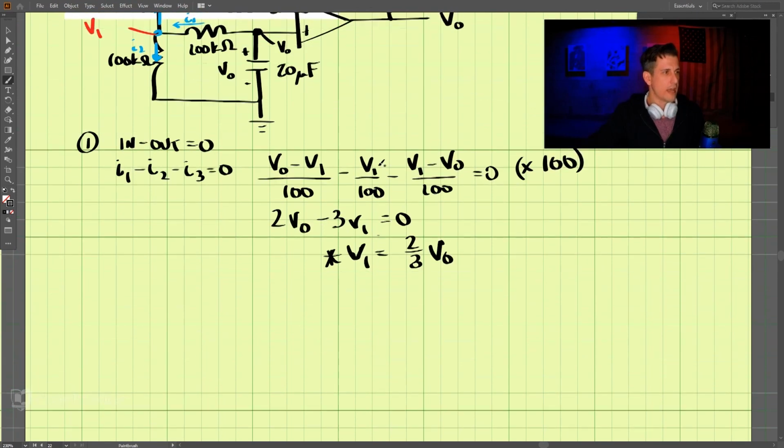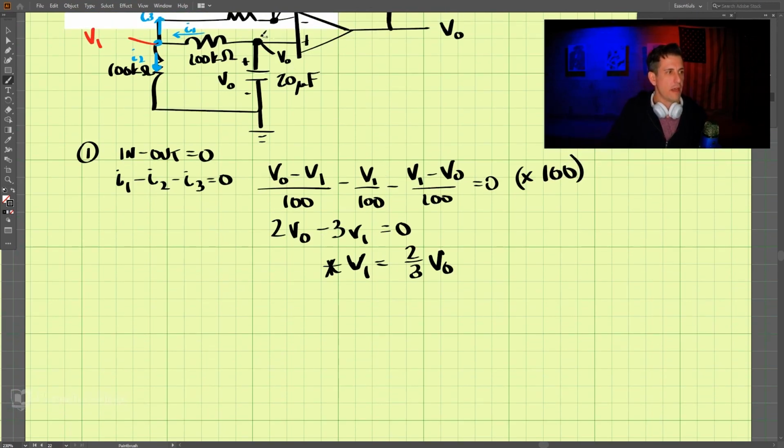Now let's take a look at doing KCL at this point here. We'll call this I4. And we know that this current going in here is 0.